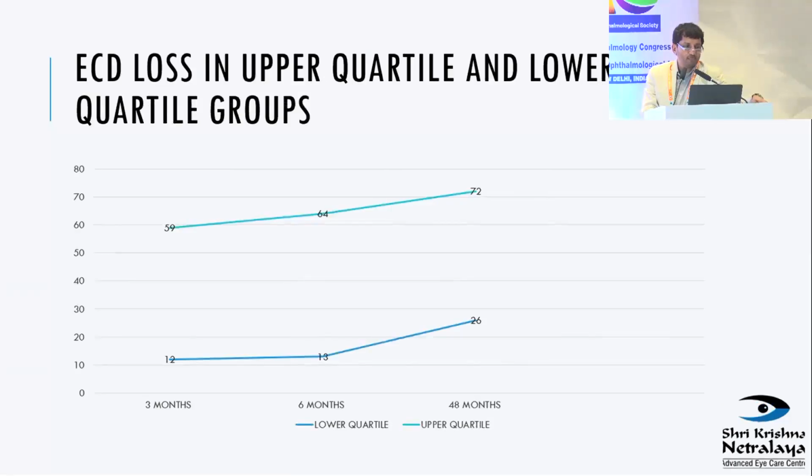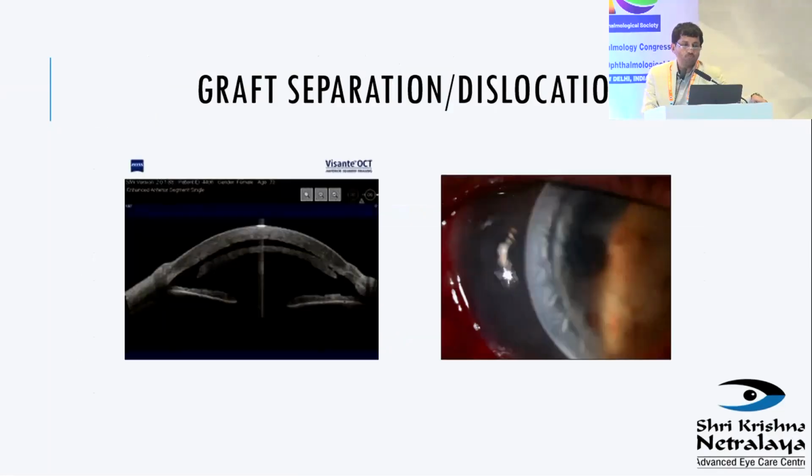While if you can see, the group which had a lower endothelial cell loss had 12%, 13%, 26% as compared to 59, 64 and 72% at the same time frame in group 2. Now the presence of a graft separation could be one of the most important risk factors for a significant endothelial cell loss.